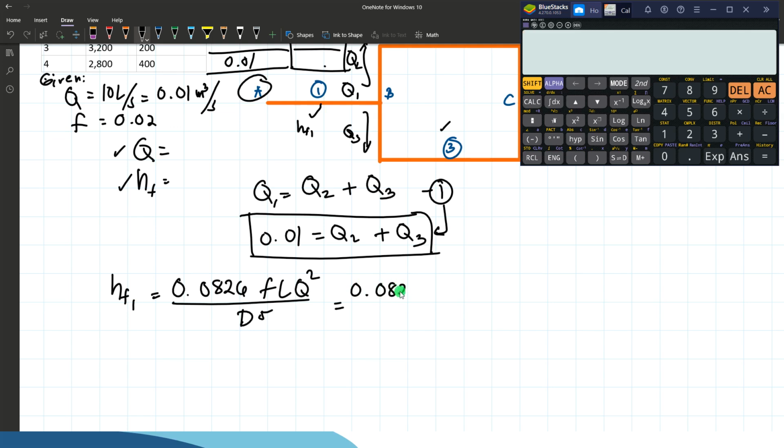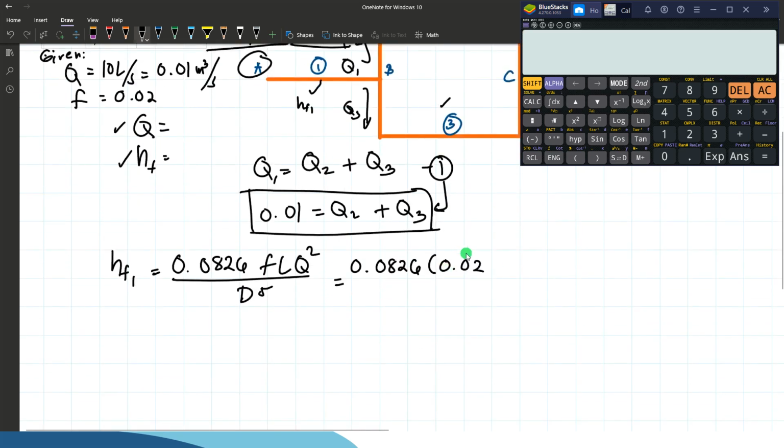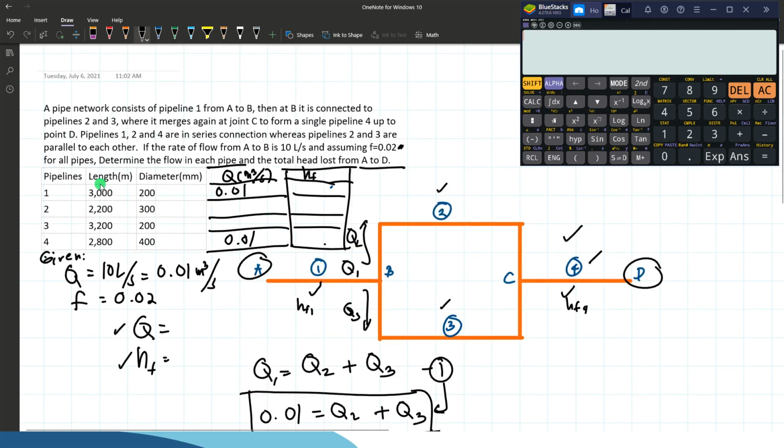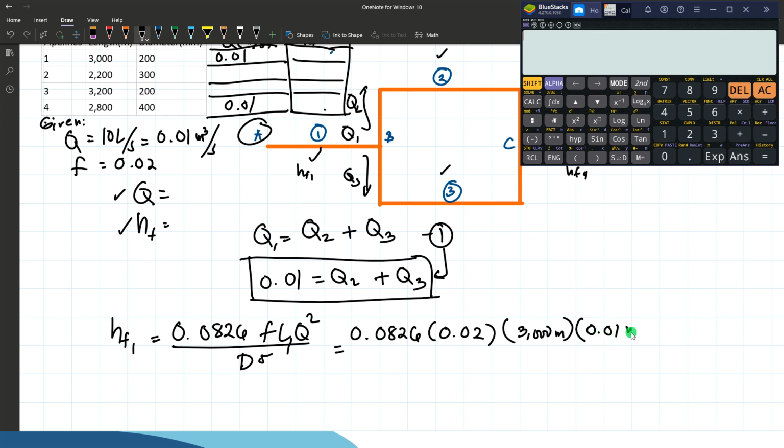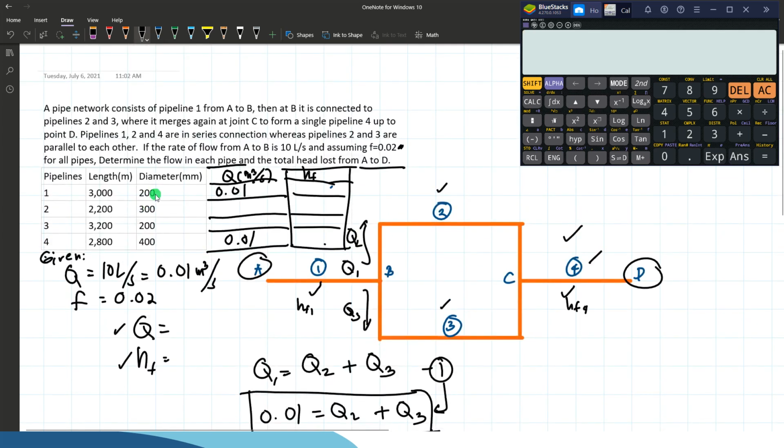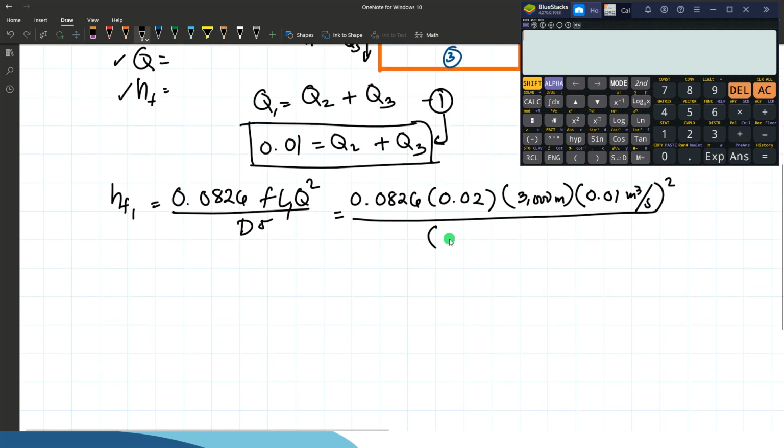So 0.0826, F is 0.02, times the length for pipe number 1, which is 3000 meters, times Q, 0.01 cubic meters per second squared, divided by the diameter. We also have a given diameter of 200.